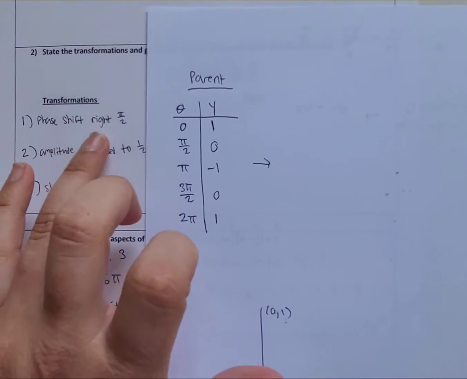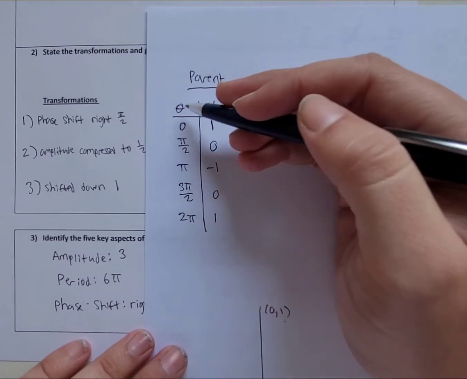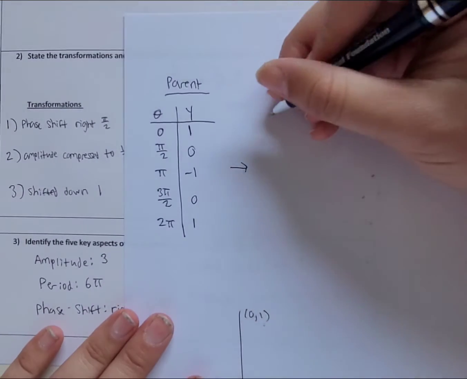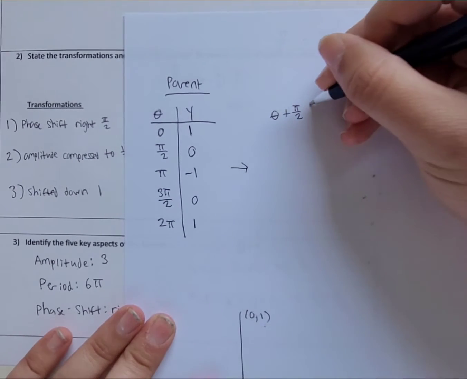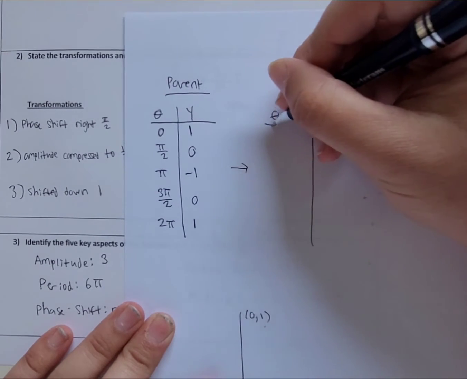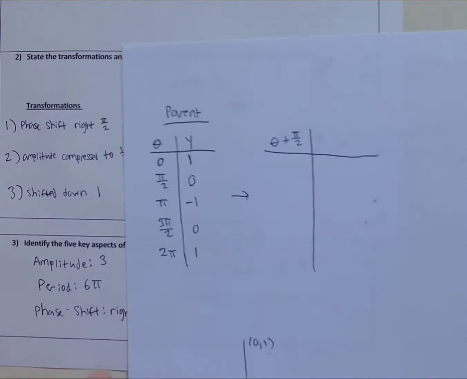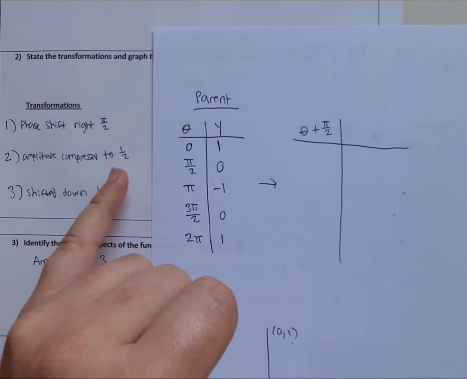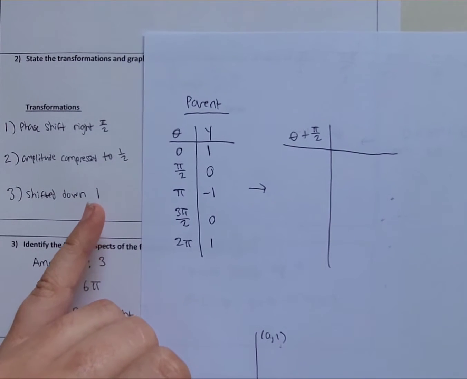So we have phase shift right pi over 2. I know I'm going to be shifted right, and that's going to affect my theta value, so I'm going to have theta plus pi over 2. And then there's a couple things happening to my y values. They're being compressed by a factor of 1/2, but they're also being shifted down.